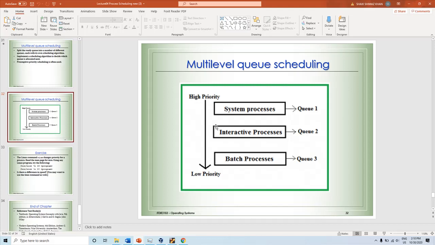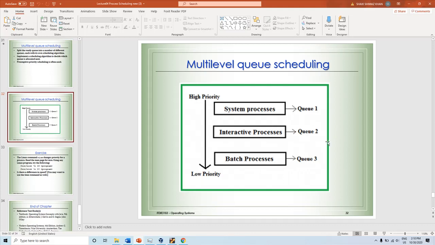Now let's say we have interactive processes. These two queues, let's say, are scheduled using a round robin scheduling algorithm. This scheduling algorithm would schedule the processes in these queues. Now the question is, we have 3 queues, so which queue's process would be scheduled first among the 3?